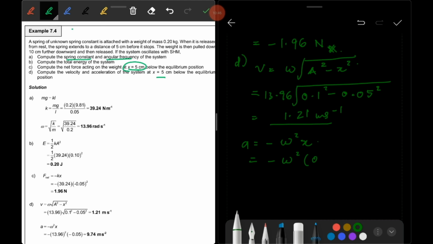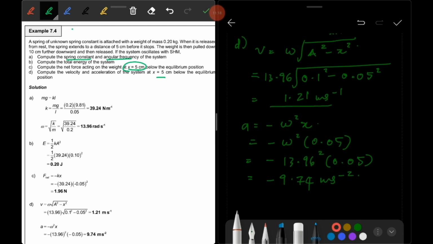You can put the negative sign, or if you don't want to put the negative sign, it's also okay. I will explain to you why. 0.05. So here minus 13.96 squared times 0.05, which is equal to minus 9.74 meter per second squared.